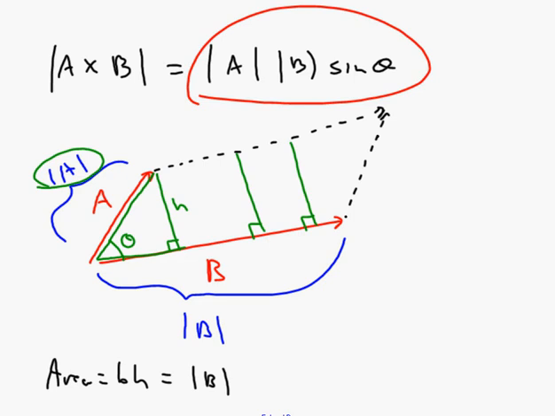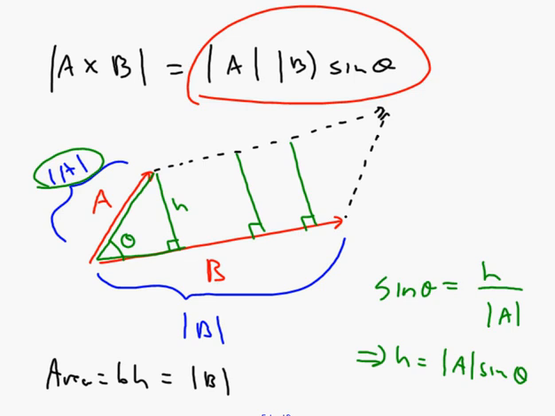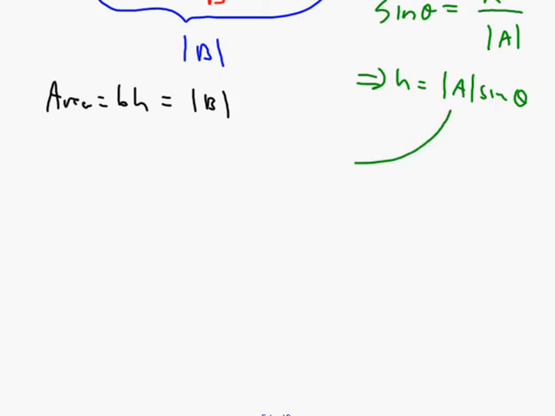So the sine of theta is equal to the opposite, which is the height I want, over the hypotenuse, which is the norm of A. That gives us that the height is equal to the norm of A times the sine of theta. You put that in here, you get norm A sine of theta.